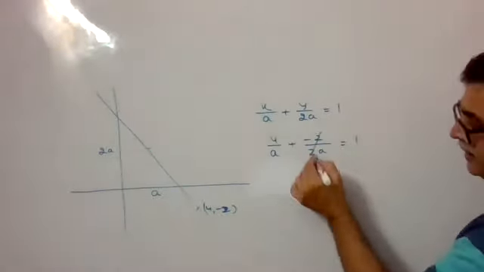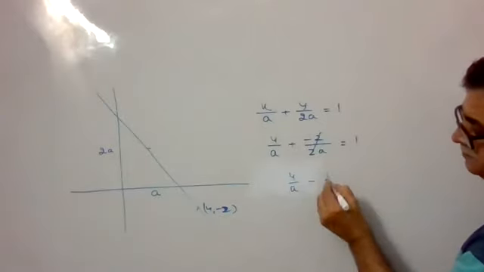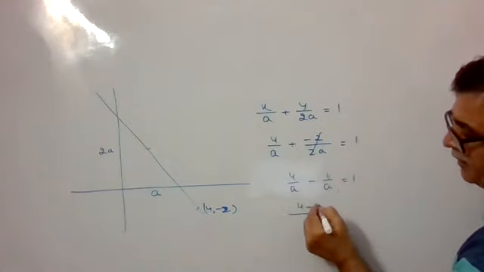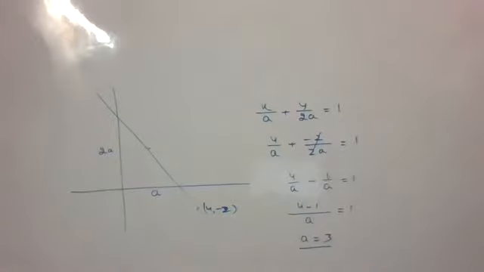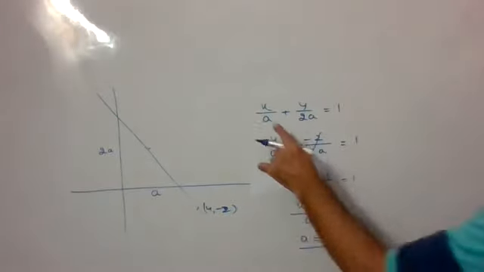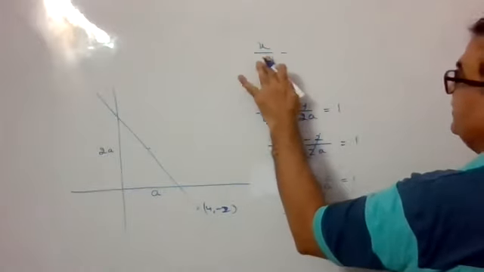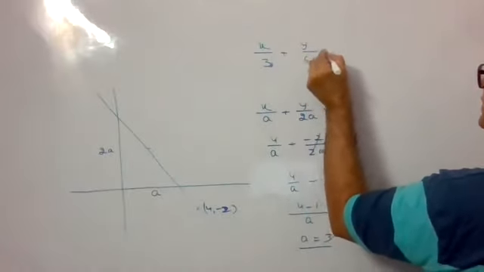This 2 gets cancelled out, I got 4 by a minus 1 by a comes out to be 1, 4 minus 1 is 3, so a is coming 3 here. And if a is 3, here it is 6. So the equation x by 3 plus y by 6 comes out to be 1.